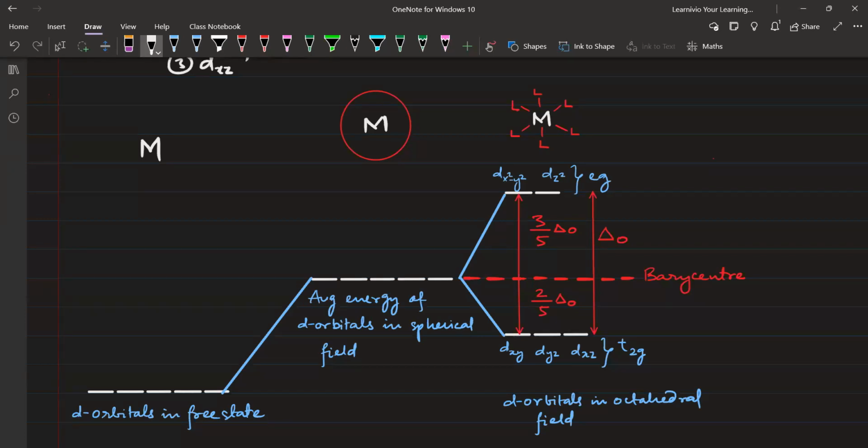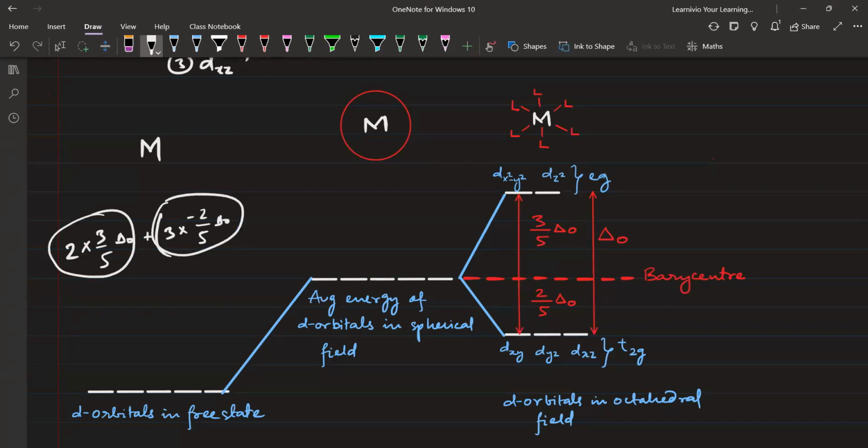For example, how many orbitals do we have in the EG? We have 2 orbitals in the EG. Both of them are 3/5 del O above. Okay. Plus, this is above, and then we talk about the T2G levels. So we have 3 T2G orbitals which are below. Below के लिए क्या sign use करेंगे? Minus 2/5 del O. If you add both of these things, then you can see that this is 6/5 and this is minus 6/5.